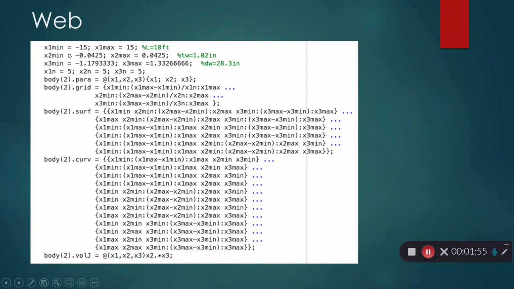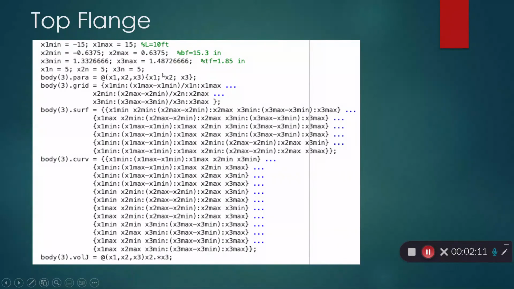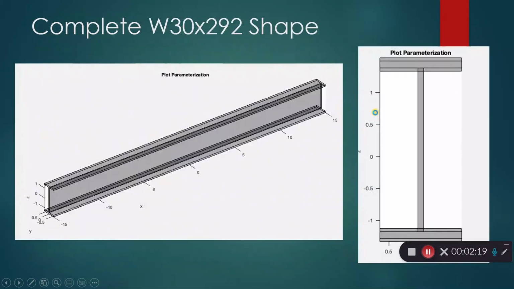So here's the web defined again, same length obviously, so it's negative 15 to 15, and then here are the dimensions for the thickness of the web and the actual height of just the web. And then the top flange, same length, and it's the same as the bottom flange, it's just moved up to sit on top of that web.